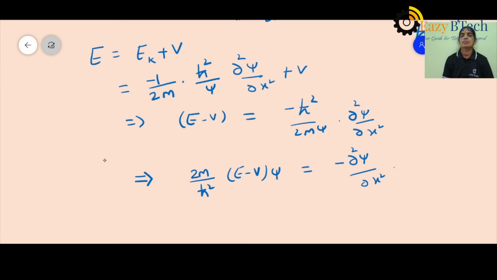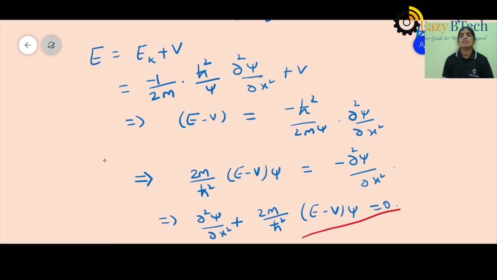Then it becomes plus. So I have dou square psi by dou x square plus 2m by h cross square into E minus V psi of x equal to 0. This is called as time independent Schrodinger wave equation.